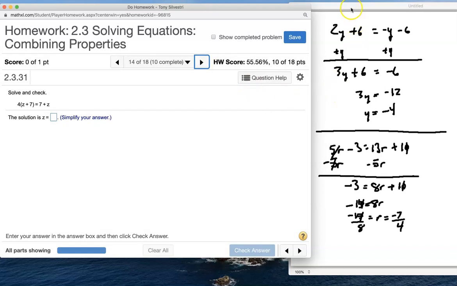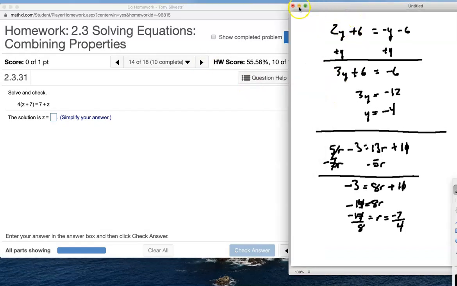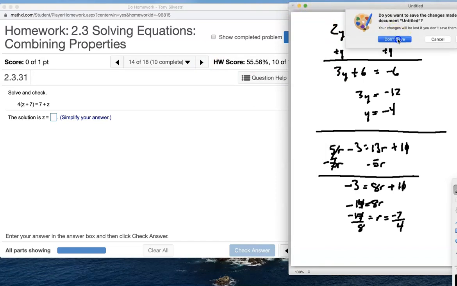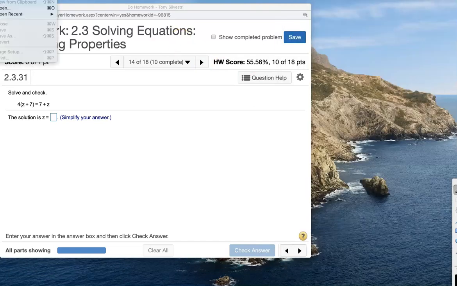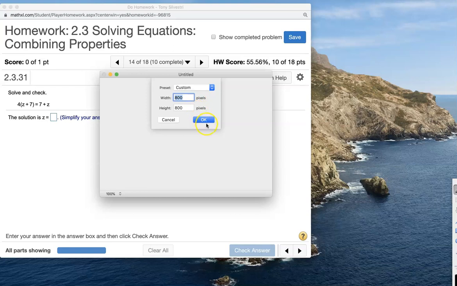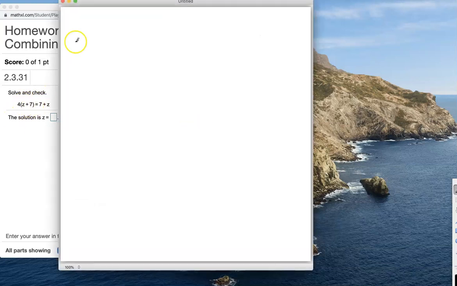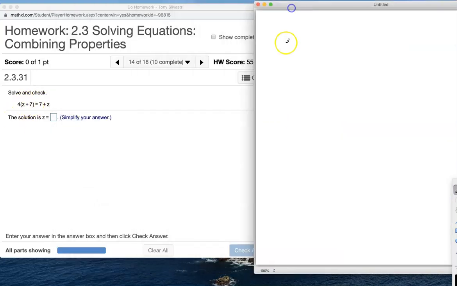Okay, now this problem here is a little bit, well, I think it's a lot different, actually, now I look at it. We really never had problems with parentheses before, okay? And so what do we do? Well, the first thing you're going to do is write the problem down.